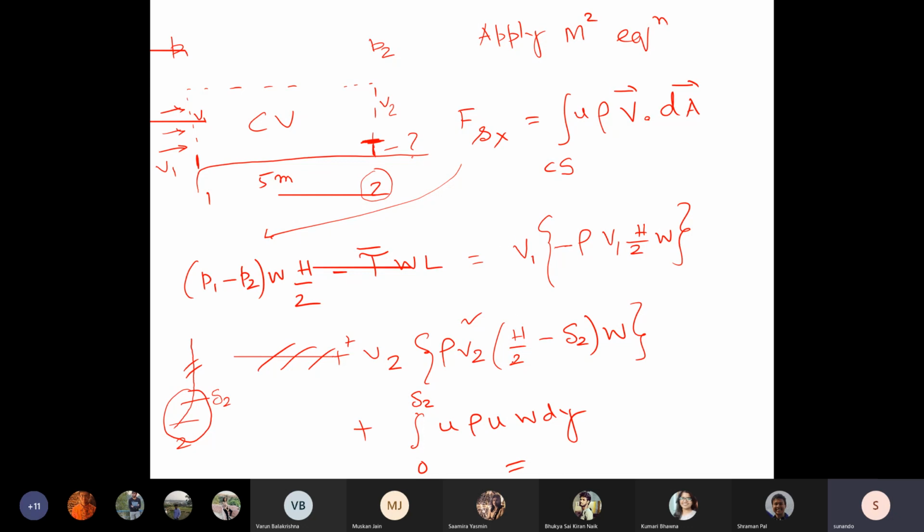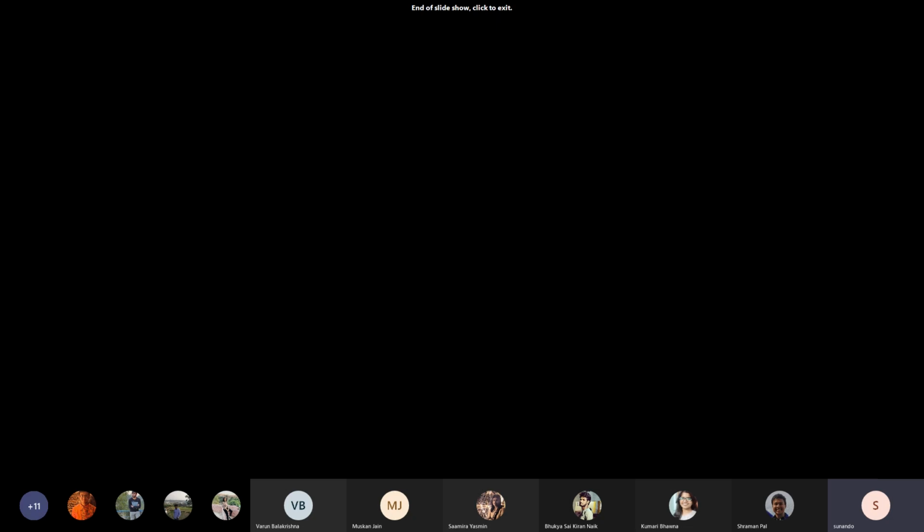Because of the varying nature of velocity between 0 to delta 2, I have added this term, and beyond which the velocity is constant, so I have used this term. And in all cases, since the momentum is going out of the system, it will be treated as positive. So that's all that we have in this problem.